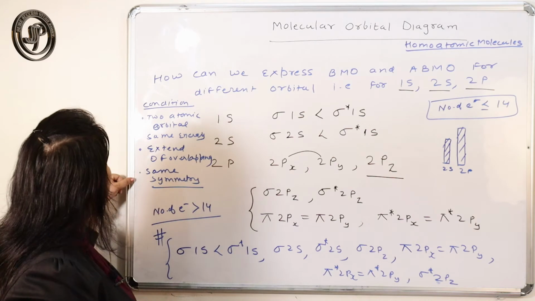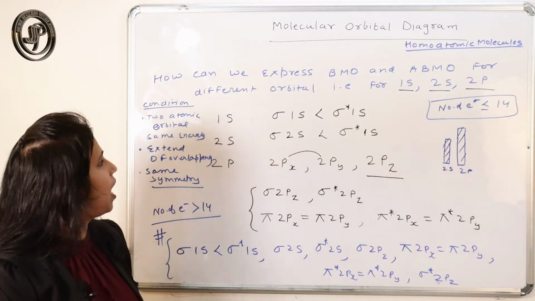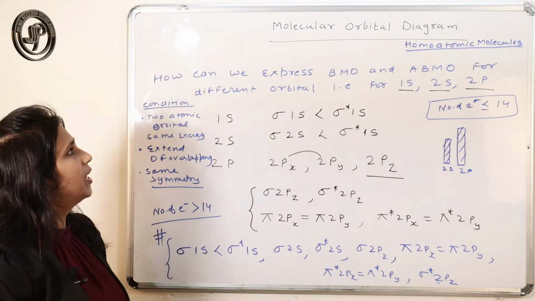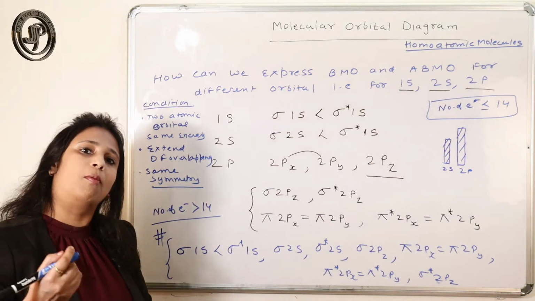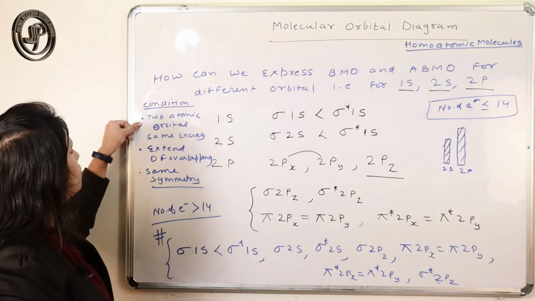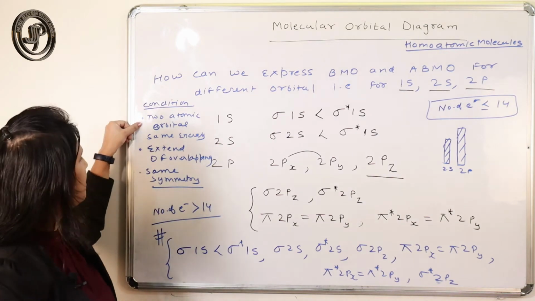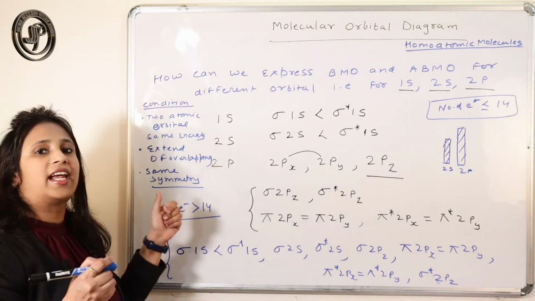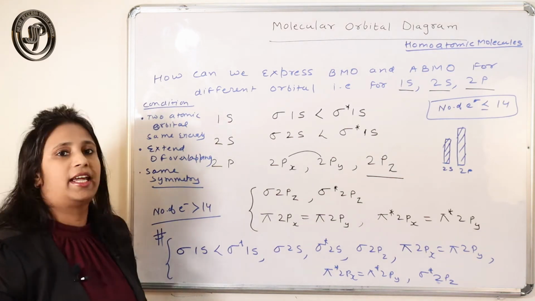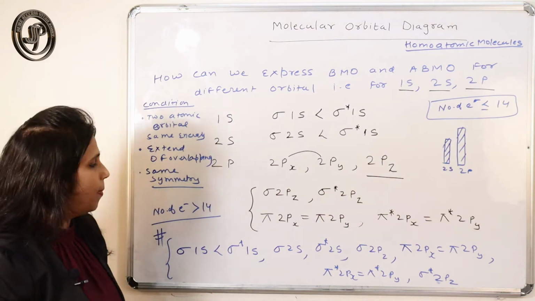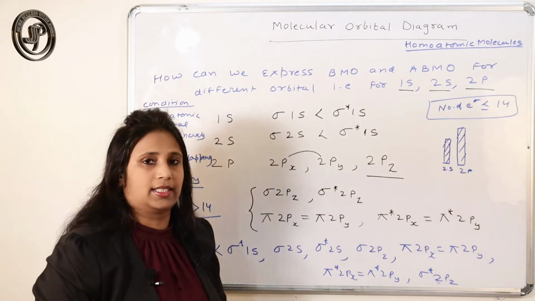So these are the three important conditions. If the exam asks what the conditions are for a molecular orbital to be formed from two atomic orbitals: the two atomic orbitals should have the same energy, their extent of overlapping should be large, and they should have the same symmetry about their molecular axis.